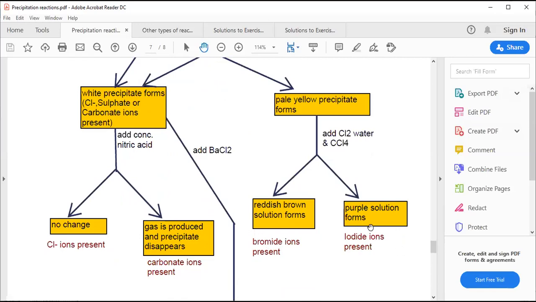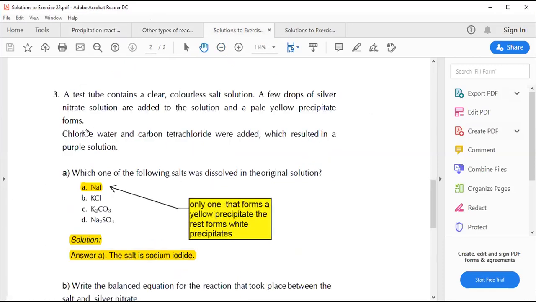Those are the ones that form a yellow precipitate. Your chloride, carbonate and sulfate form white. So anything to do with the pale yellow precipitate has to do with bromide and iodide. You're looking for Br and I in your answers. Chlorine water and carbon tetrachloride were added, which resulted in a purple solution.